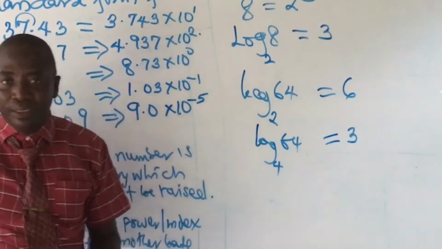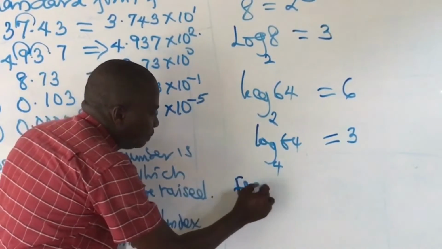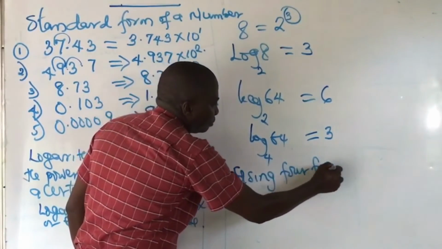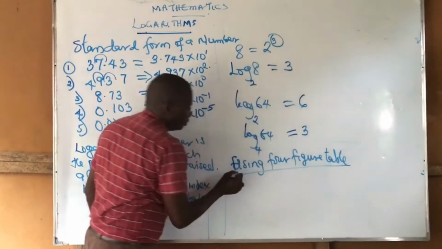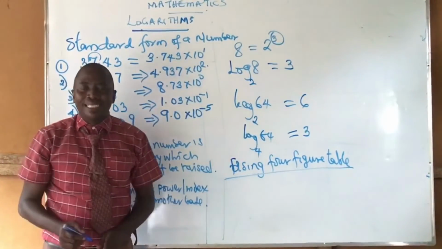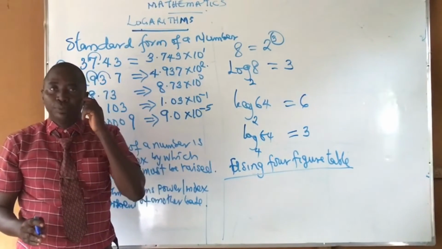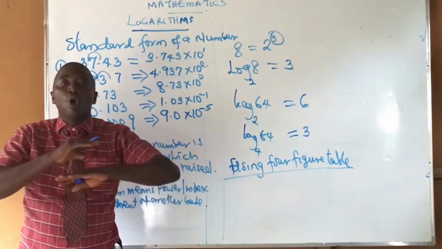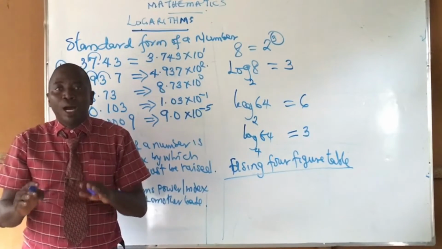That is the base. When it now comes to the 4-figure table, all numbers are expressed to base 10 in the 4-figure table. So what we pick in the 4-figure table is the power of 10.